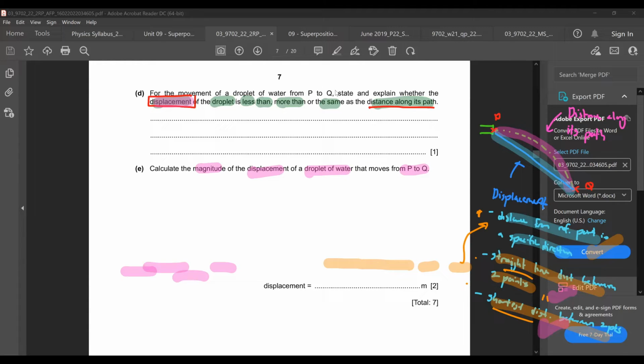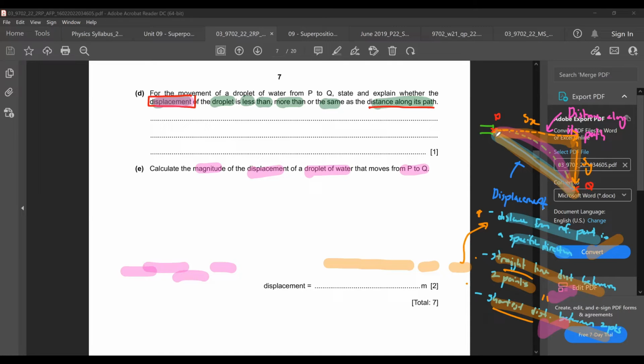Earlier I mentioned that for you to move from P to Q, it involves moving a horizontal distance and a vertical distance, an sx and an sy. The combination of these two motions will give you this one here.